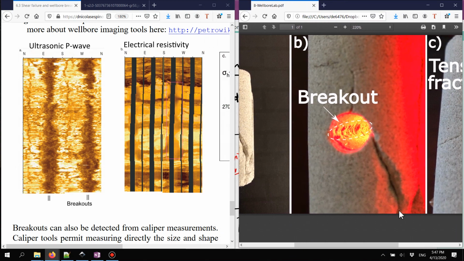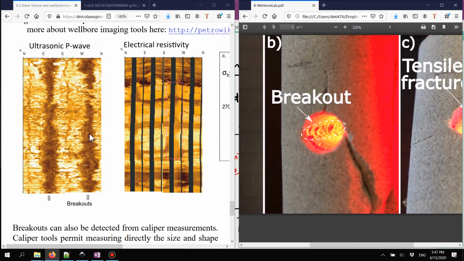What we do is, as I was saying before, run a tool that measures properties of the wellbore all around the wellbore in an angle of 360 degrees. And we can either measure ultrasonic P wave or electrical resistivity. In the case of the ultrasonic P wave, you send a wave from the center of the wellbore to the wall of the wellbore, and it bounces back and tells you how long it takes for that wave to come back.